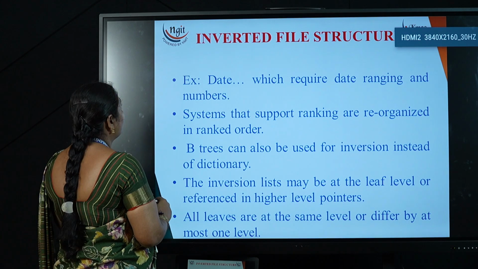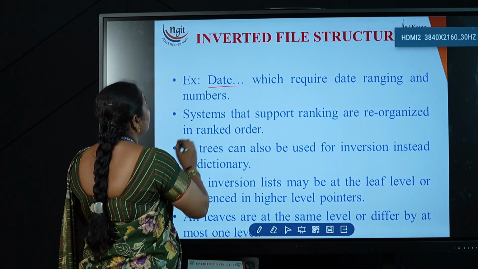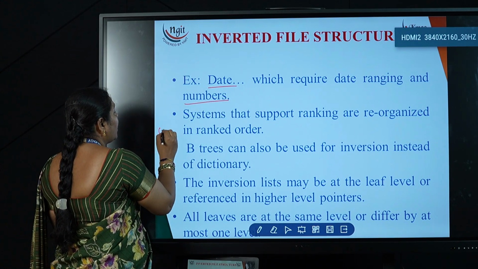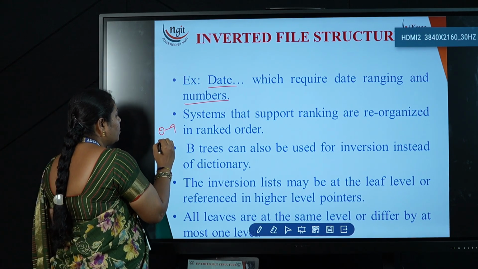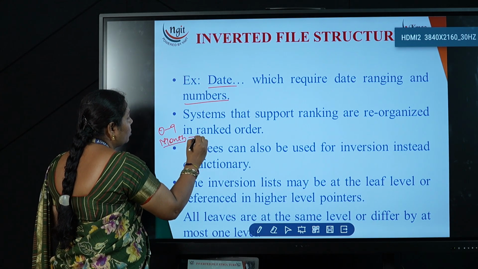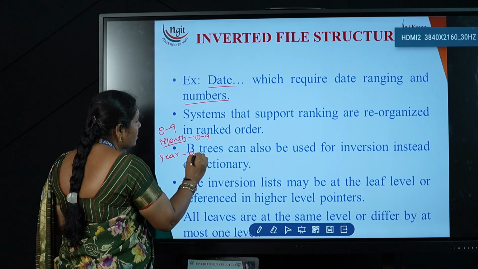Another example is related to your date. If you are taking the date, it will range over numbers. For example, your dates will be only the digits from 0 to 9, right? And also if you take the month, whatever it may be, it will be 0 to 9. And if you take the year also, again it is 0 to 9.